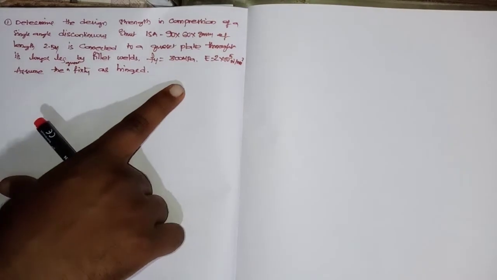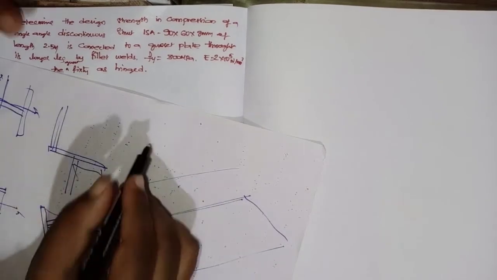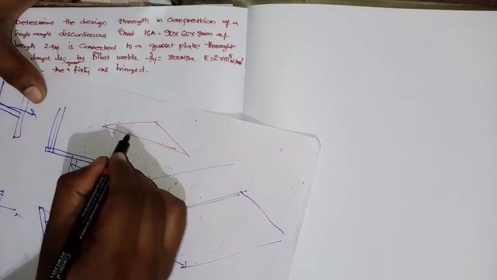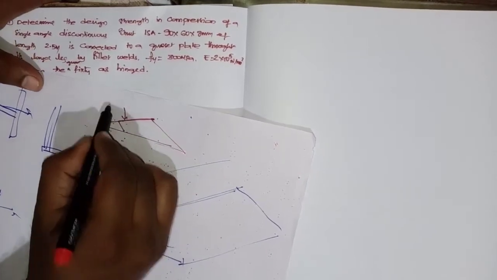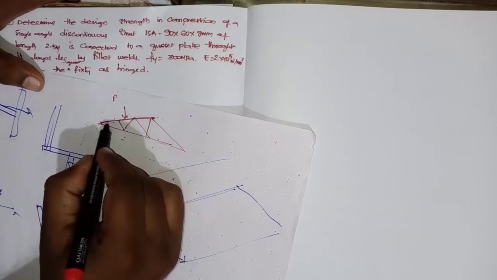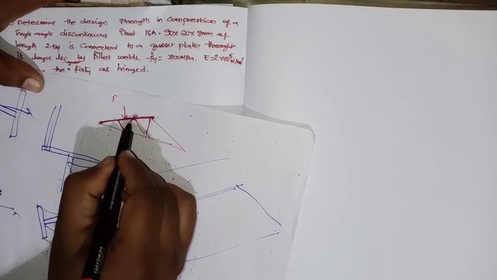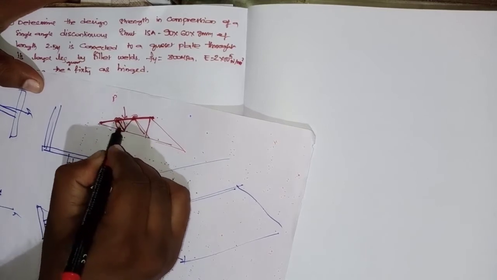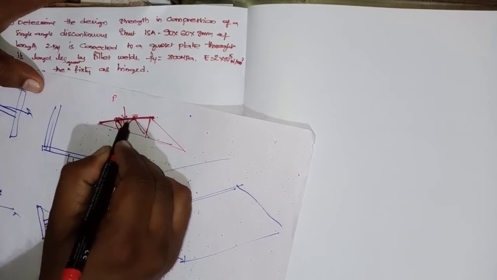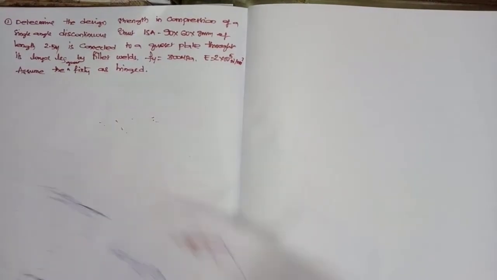Suppose if I take a truss, here is a strut and here is the principal rafter. The principal rafter is continuous with a number of supports, whereas a strut has only two supports edge to edge and no other. That is nothing but discontinuous, and this is continuous. Okay. Now we'll try to solve this problem.